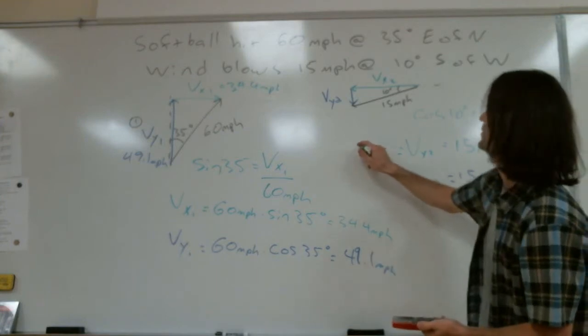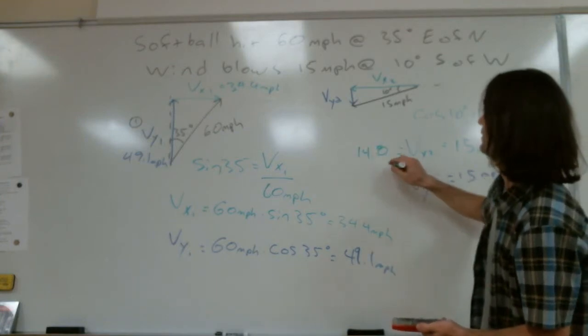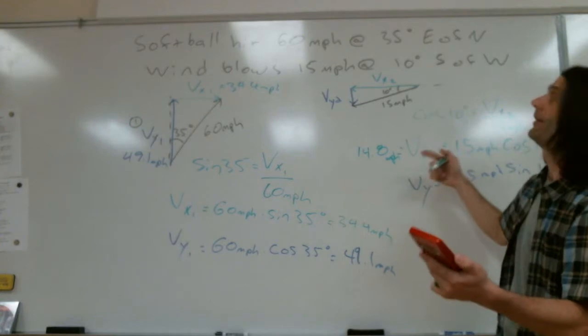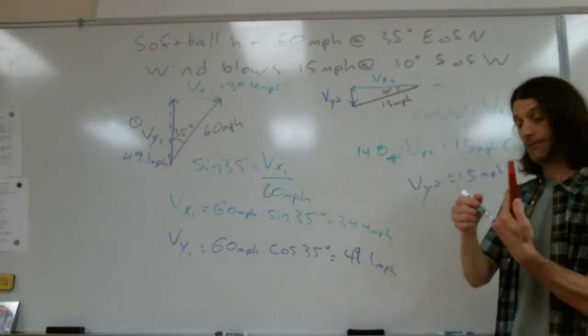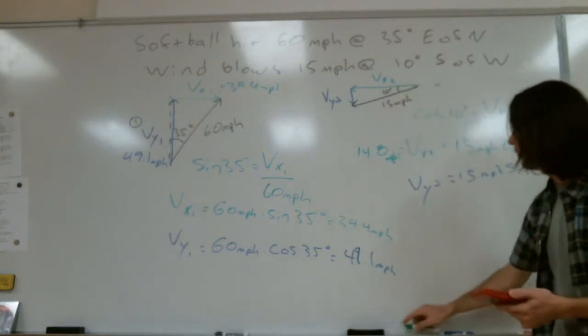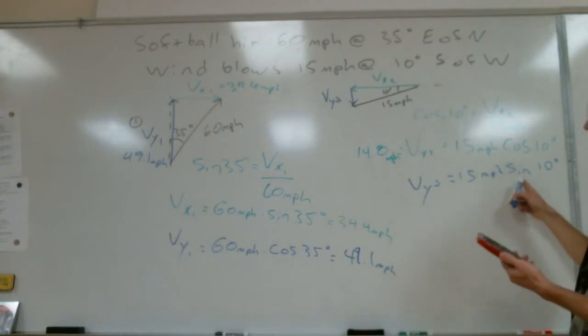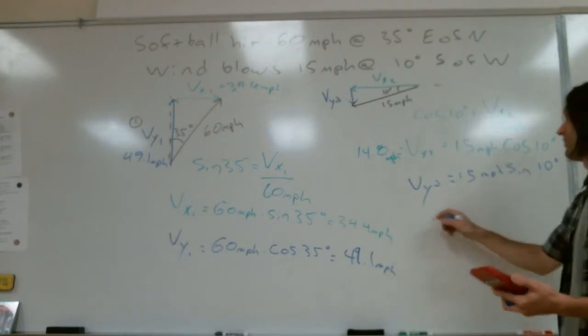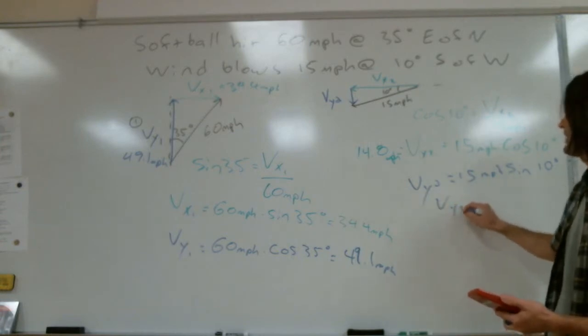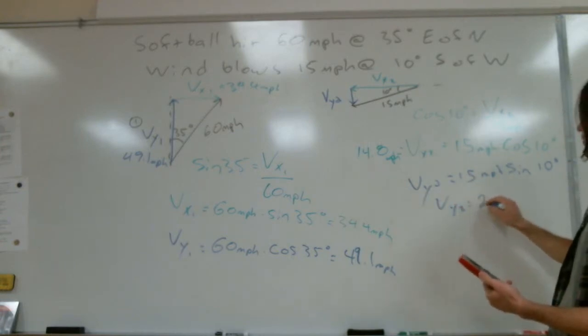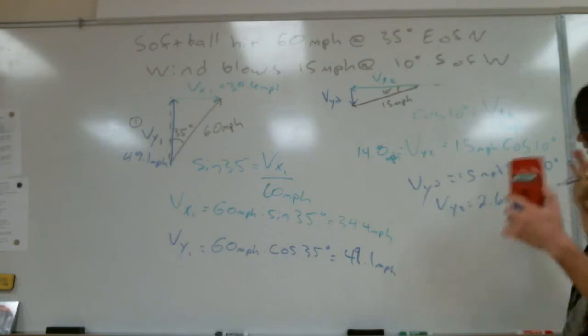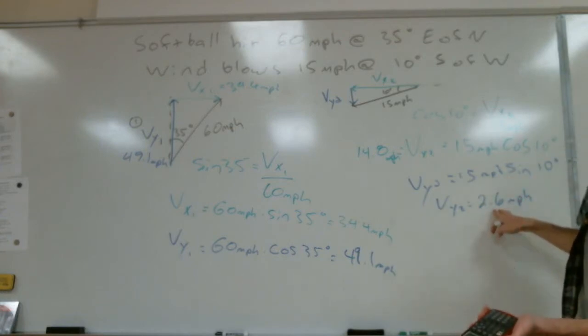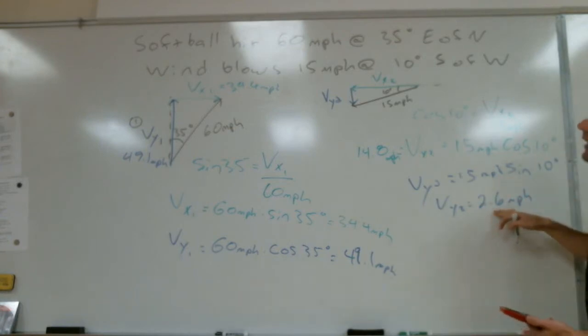It really didn't change much, and that makes sense because 10 degrees is a very small angle. And Vy is 15 times the sine of 10, and that is a very small number also. The Vy2 ended up being 2.6 miles per hour, and that makes sense because if it's only 10 degrees, it's a whole lot of x, not a lot of y.